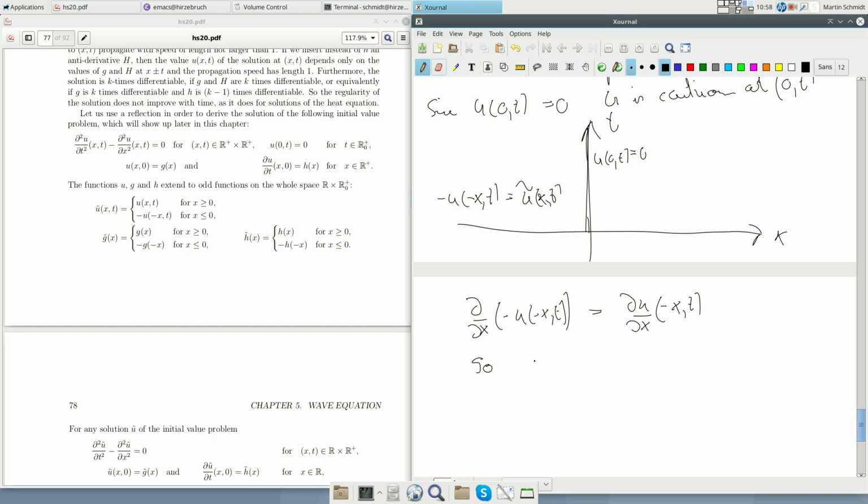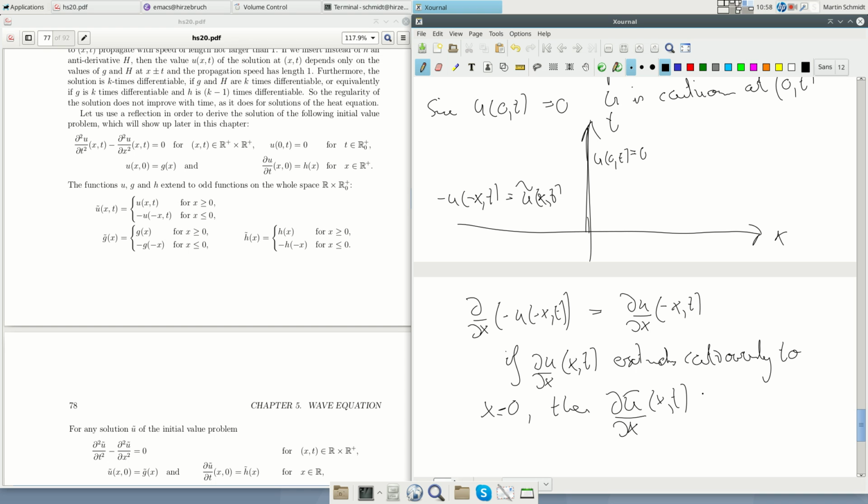So if this derivative of u in x extends continuously to x equals 0, then the derivative of u tilde is continuous.